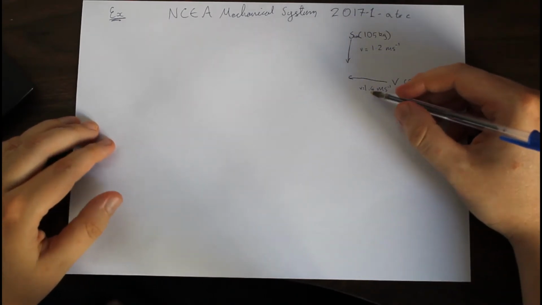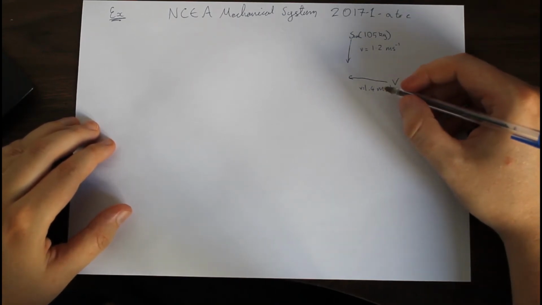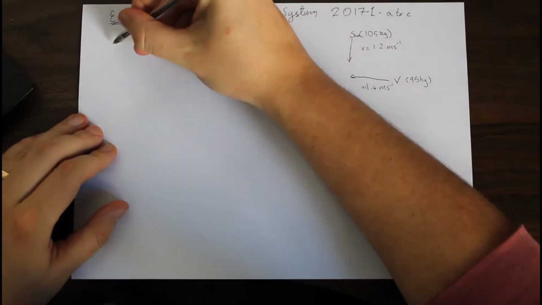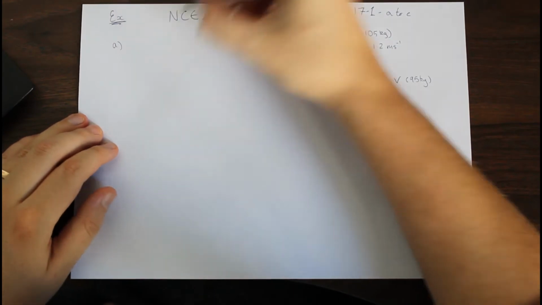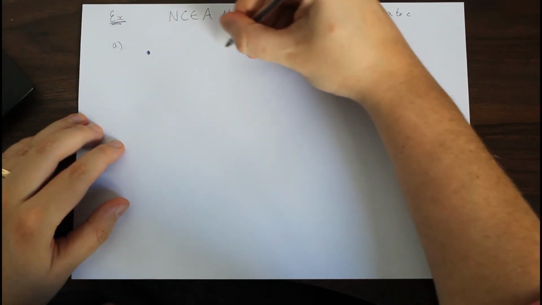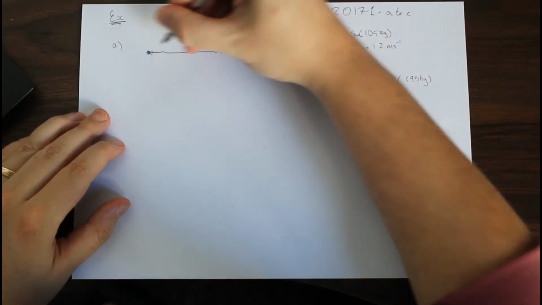Okay. So for the first question A, they want us to calculate the distance between Sam and the center of mass of the system when he and Sylvia are 4.8 meters apart. So for A, I'm going to draw a diagram. We've got our two masses, a given distance which is 4.8 meters apart.